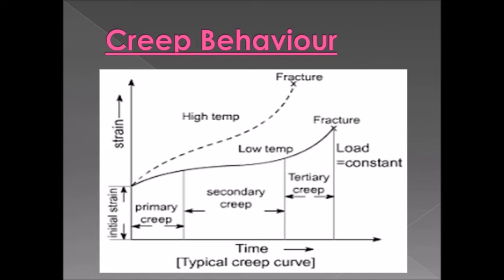The deformation that will occur in the bone is shown as primary creep. Now we will not apply any more load, but gradually with time, the constant load that has been applied to the bone will elongate the bone further with the ongoing time. That means the secondary creep will occur.